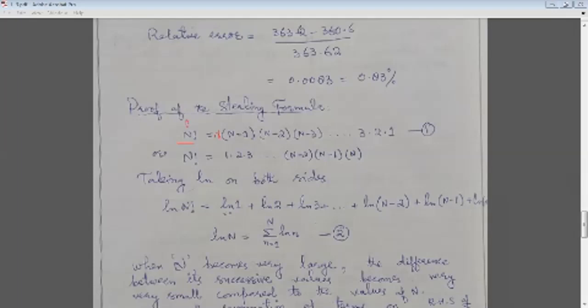How do you write it? You will first write the n, that means 8. Then multiply it by 7, which is basically equal to 8 minus 1. Then you write the second one, that means 8 minus 2, and so on up to when it comes out to be 3, 2, 1.